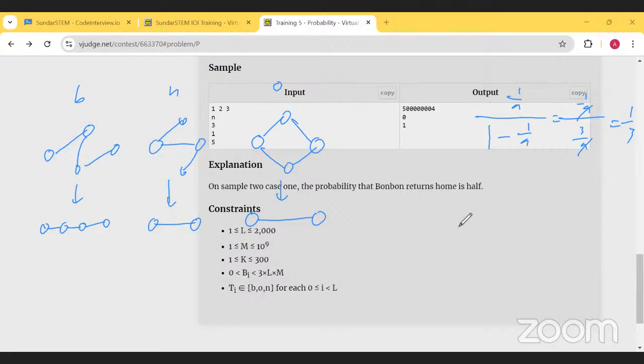Because if we have a line graph here, then the probability to go to the left and go to the right will be just half and half. Okay. And then what if there is O here and there is O here? Then the probability to go here and to go here will also be half and half, right?